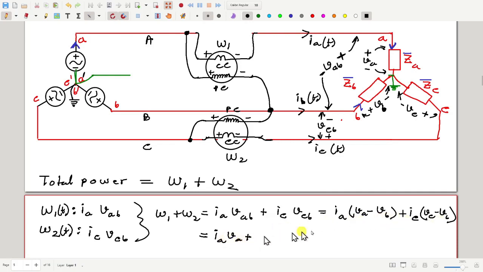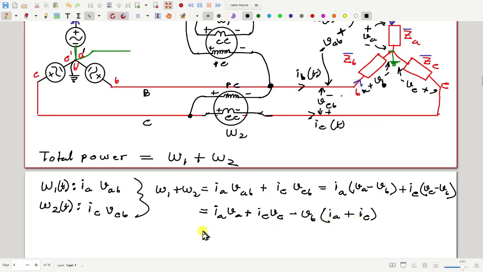So now I can write it as IA VA, just expanding these products. So IA VA, I will also have IC VC, and then I have VB twice. So let me write VB common, minus, and I have IA plus IC. Now, what is this last term? IA plus IC, minus.